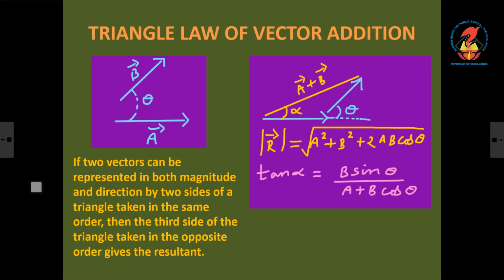Triangular law of vector addition. This is the third case. When two vectors are in different directions, we use the triangular law of vector addition. So what is the triangular law? Look at the figure very carefully.